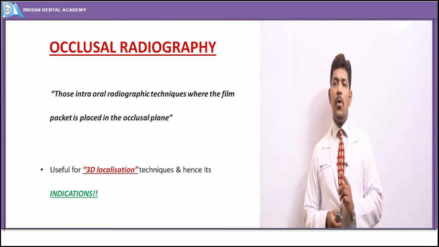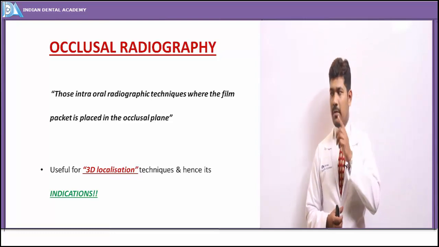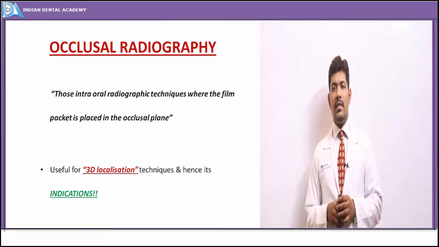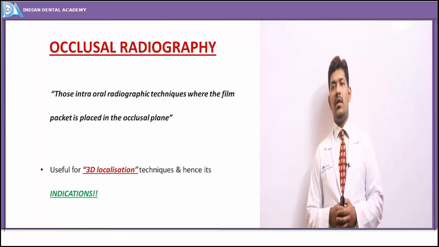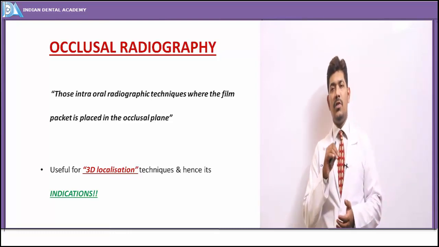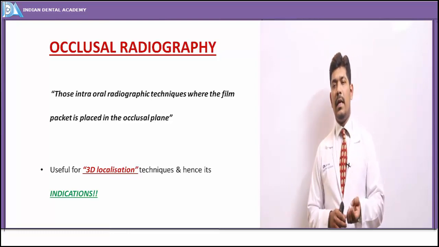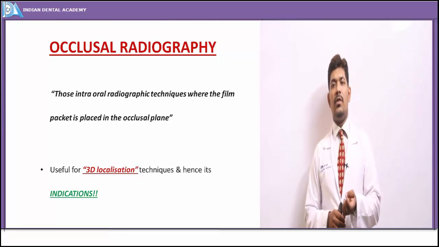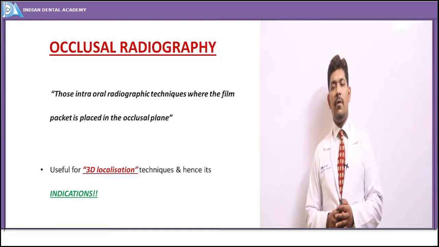Another most important use of occlusal radiographs is in 3D localization. As I'll talk about later, the angulation of these occlusal radiographs is much steeper. We all know that the radiographs which we are taking are a representation of a 3D structure over a 2-dimensional radiographic film.